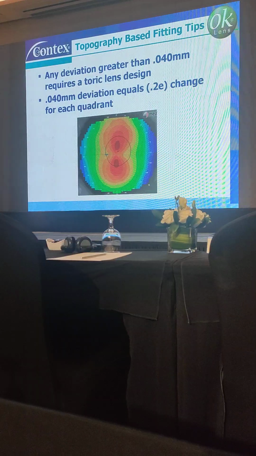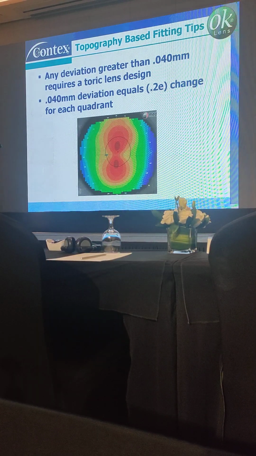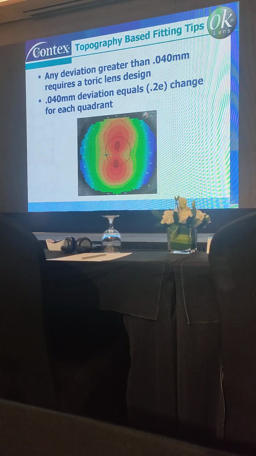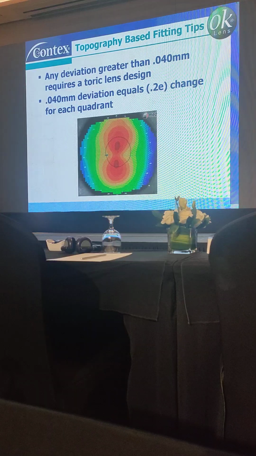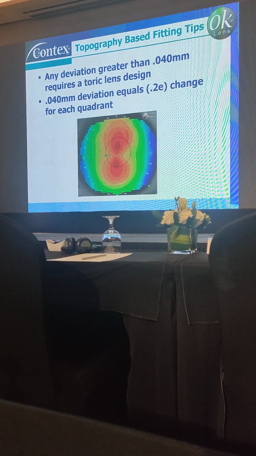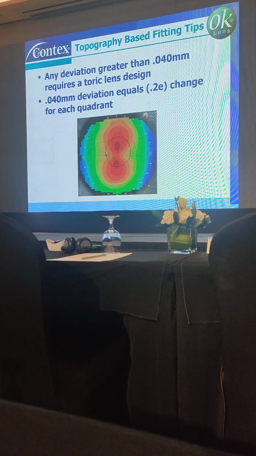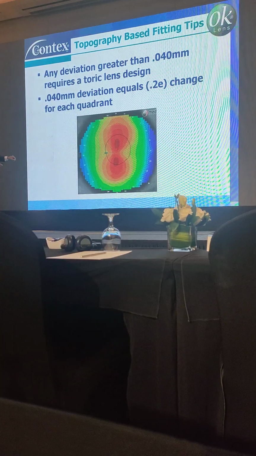That's when sometimes I've tried to fit the perfect lens and tight lids will drive the lens nasal, even if without the lens the eye looks perfect. But once the lid gets involved and they blink, it starts forcing it nasal. And when they sleep with tight lids, it'll actually position nasal. So that's just my take on that.